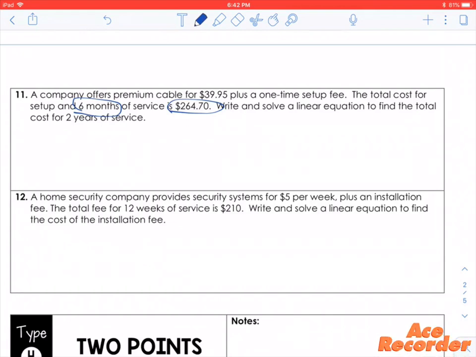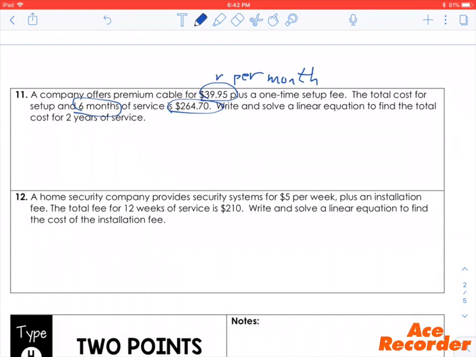Okay, so this right here, it doesn't say per, but it's per month.